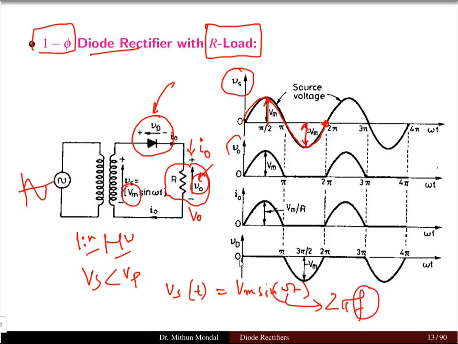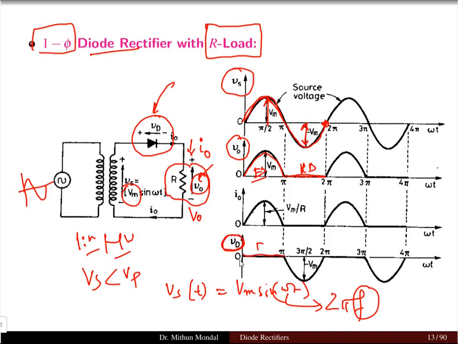So the voltage V0, which is the output voltage, will have only the positive half cycle of the source, and there is no negative half cycle. So here you have the forward biasing of the diode, and here you have the reverse biasing of the diode, which we can see in the diode potential.